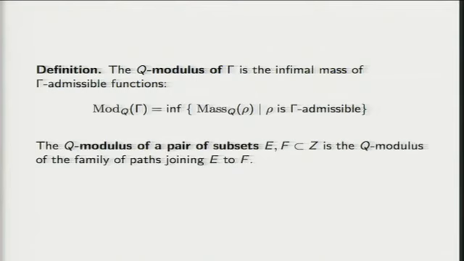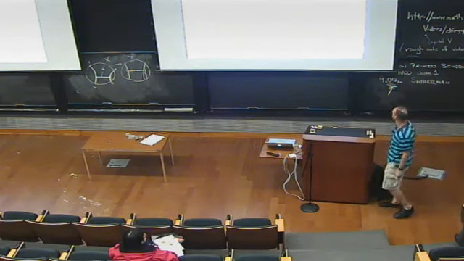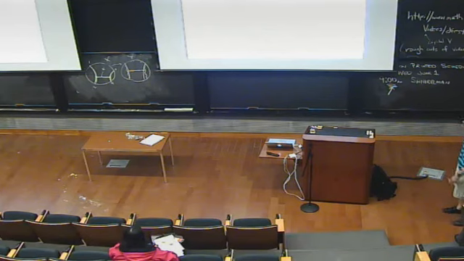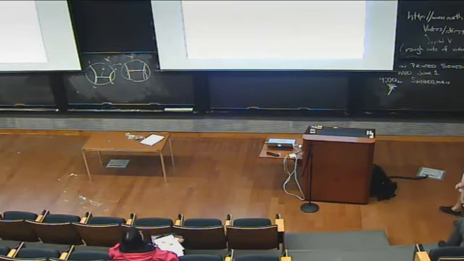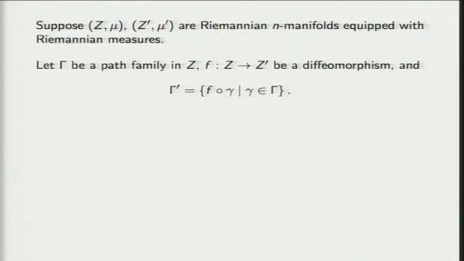But okay, I can also talk about the q modulus for a pair of subsets. Take two sets E and F. Then there's a naturally associated path family, namely the family of paths which start at E and end at F, or paths which join E to F. Just to give some idea of this, if you haven't encountered it before, let's look at the case where you have Riemannian manifolds and the measures are Riemannian measures.